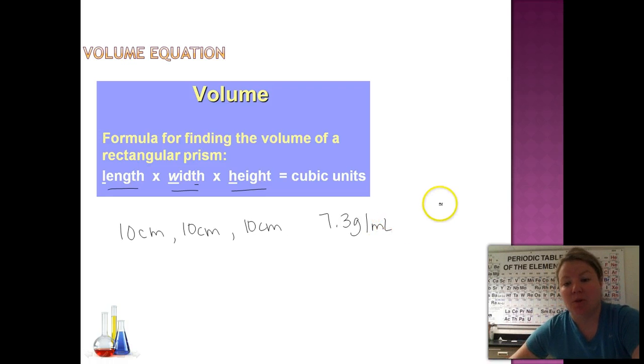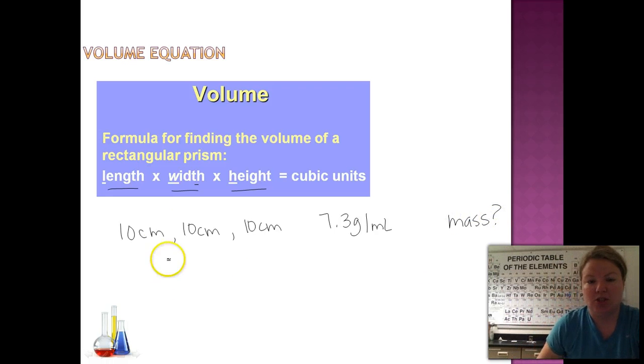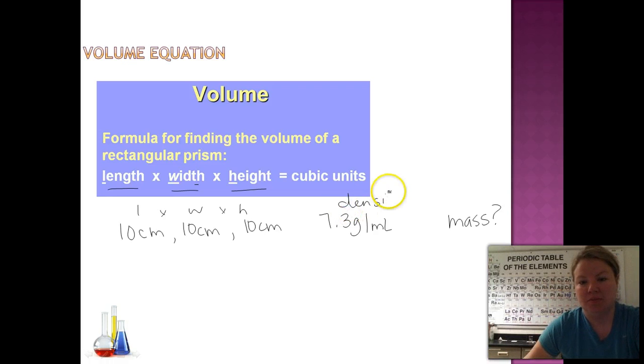Okay, and what we're looking for here is the mass. So to do this, we have our length times width times height, okay, and we also have density. So we're missing volume and mass. So we can solve for volume by taking our 10 times 10 times 10, which is 1,000.